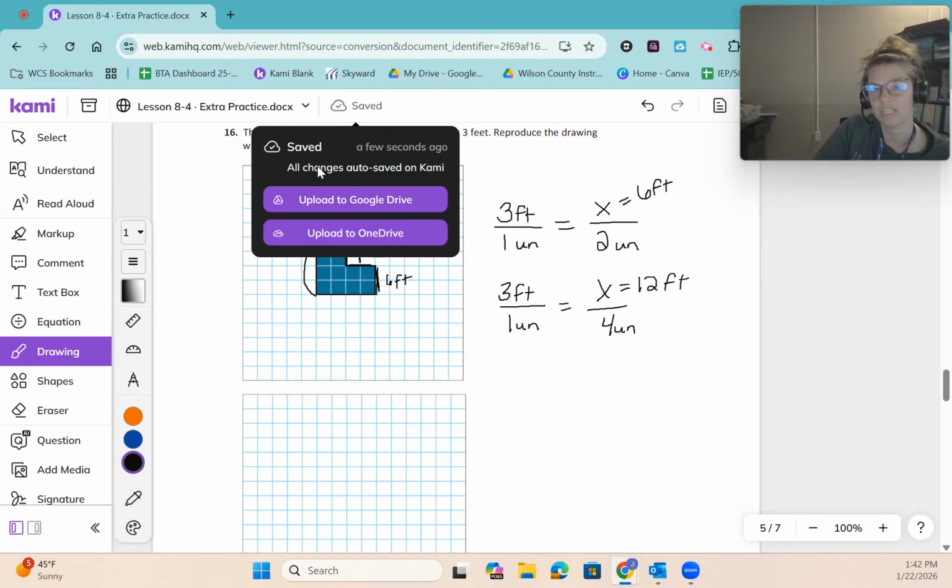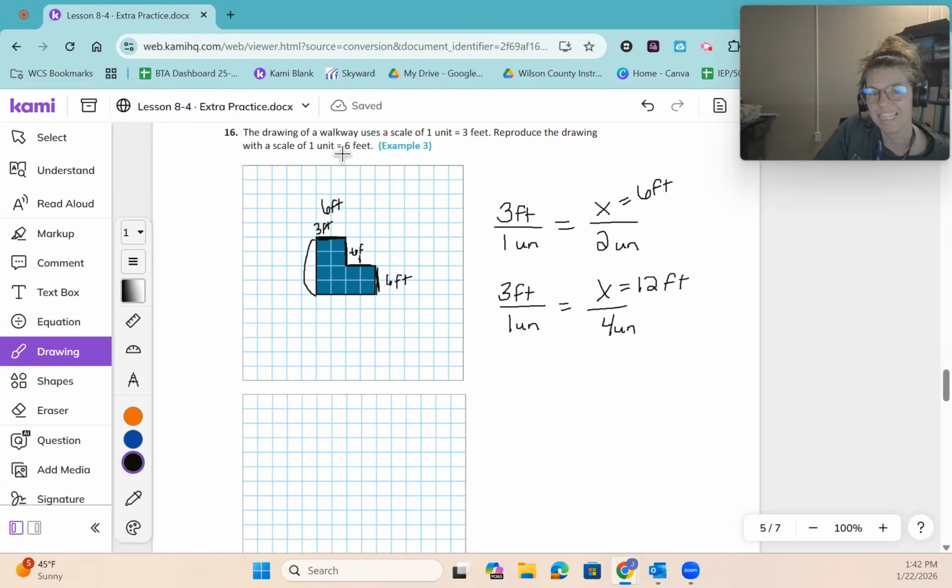Now this wants us to do 1 unit is 6 feet. So now I know the number of feet, but I'm looking for the number of units. So units go on the bottom, and my scale is 1 unit is 6 feet. So how many units will I do for the 6 foot portion? Again, this one's simple because 1 divided by 6 times 6 equals 1 unit.